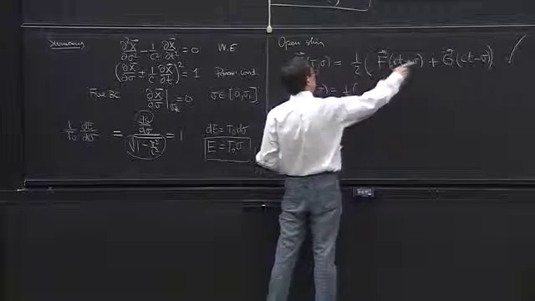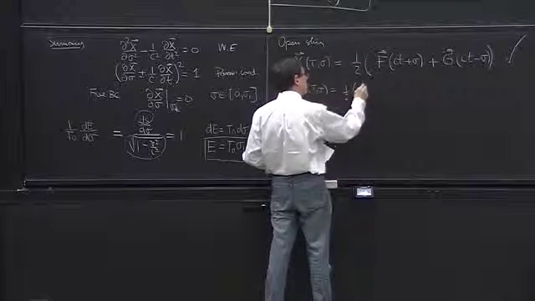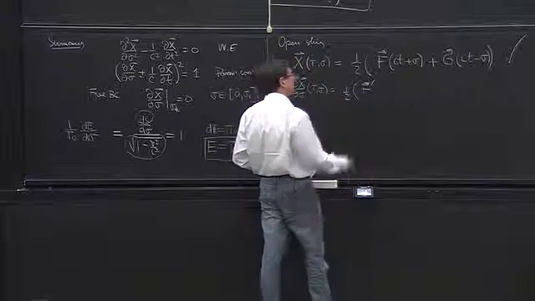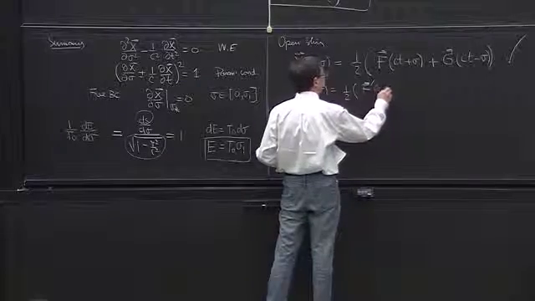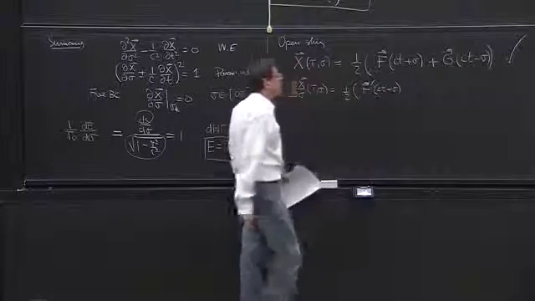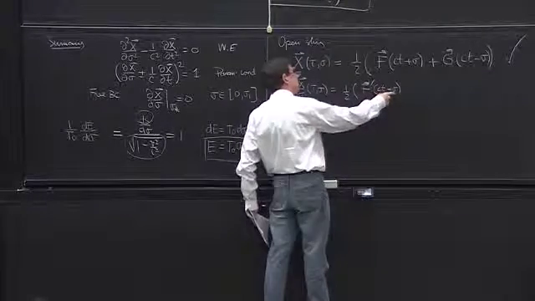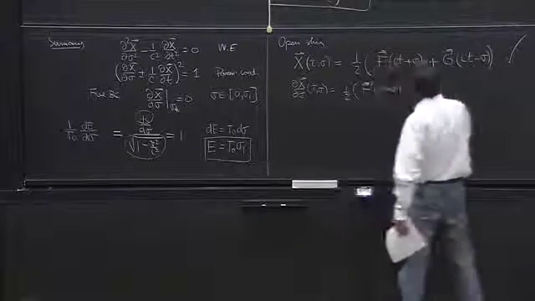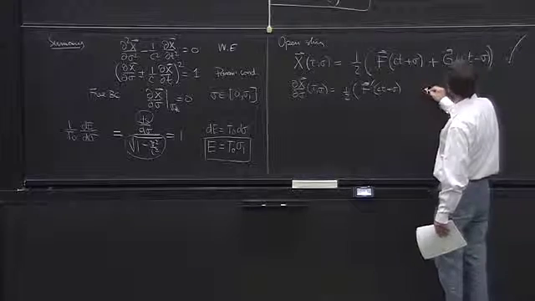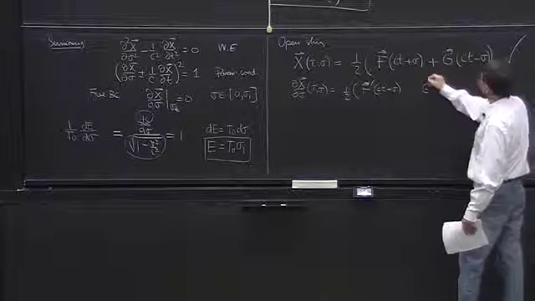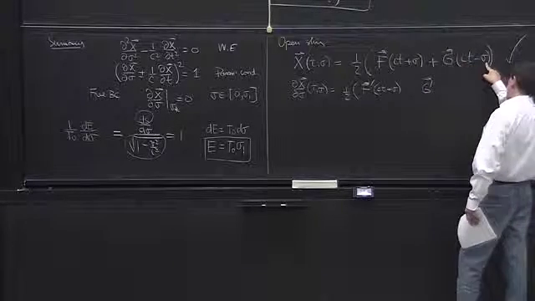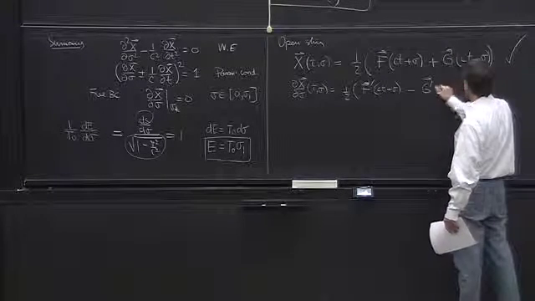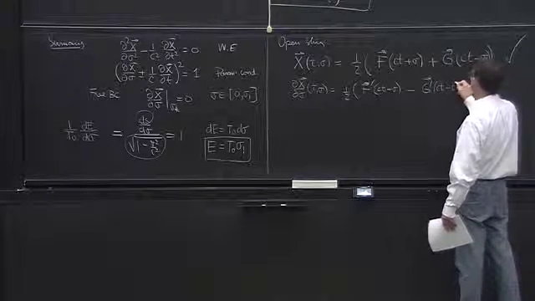You want to differentiate with respect to sigma. So we use this notation f vector prime, which means derivative with respect to the argument, ct plus sigma. And you differentiate the argument with respect to sigma, but that gives you 1. And then g prime, which is the derivative with respect to the argument, and the derivative of the argument with respect to sigma gives me a minus, of ct minus sigma.